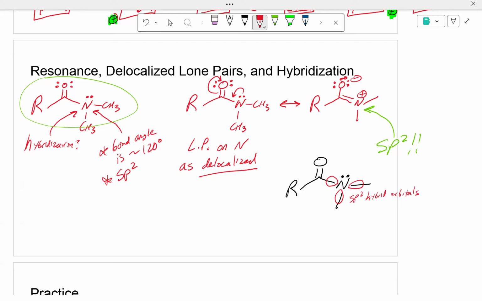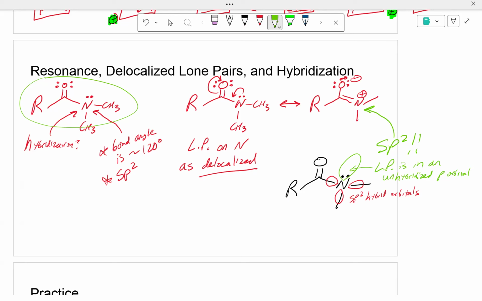Now, what's the one remaining orbital that I haven't talked about yet? The unhybridized p orbital. The lone pair is in an unhybridized p orbital.